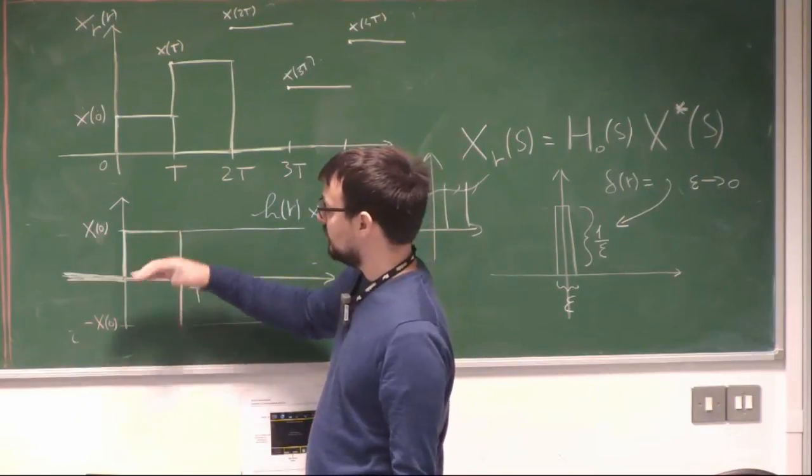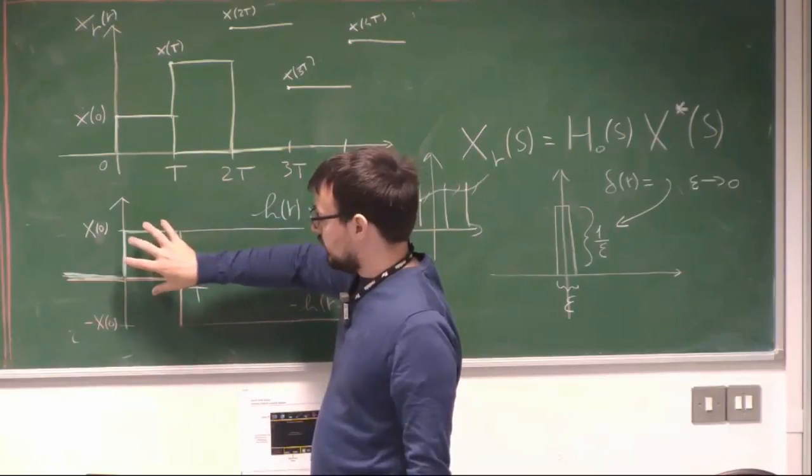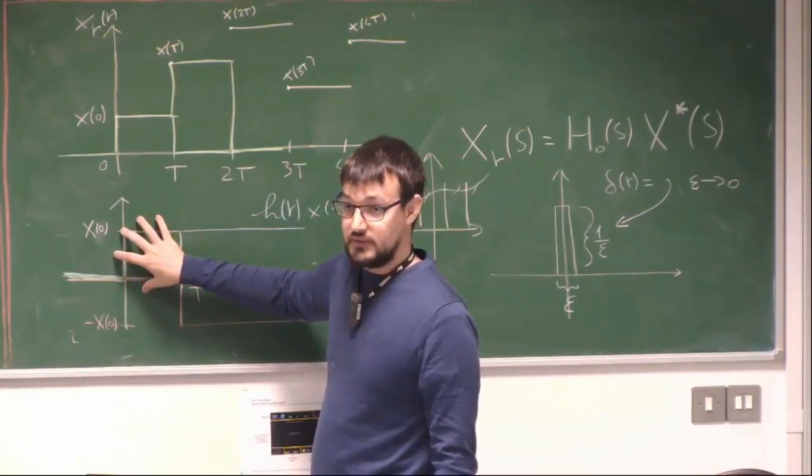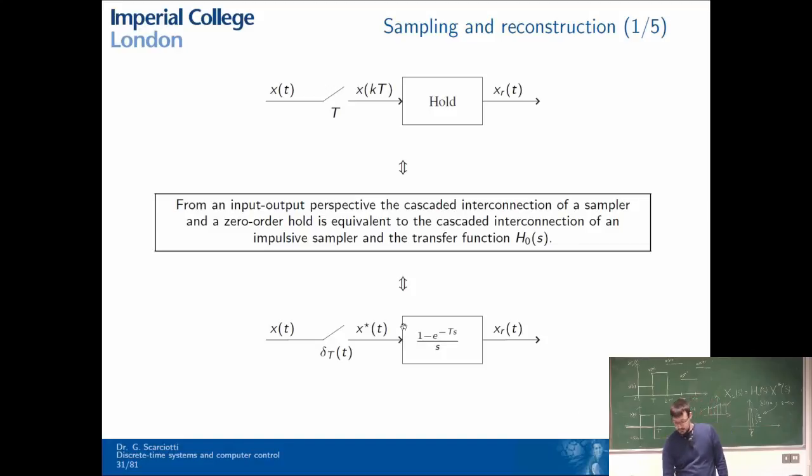And if you compute the Laplace transform of this, you actually get this. So this is not just a random Laplace function that we obtain, but this is the Laplace transform of a zero order hold device.